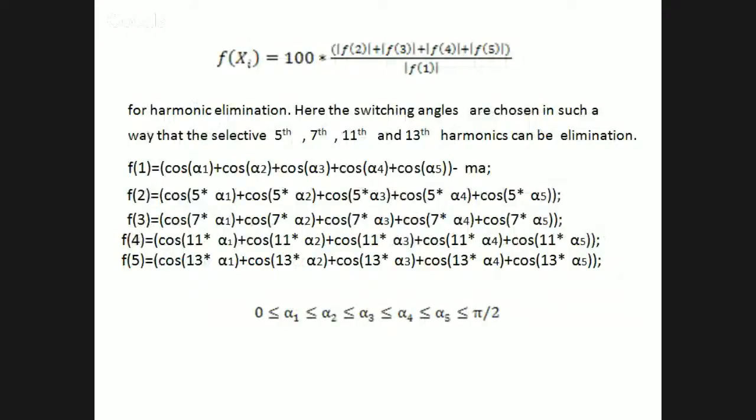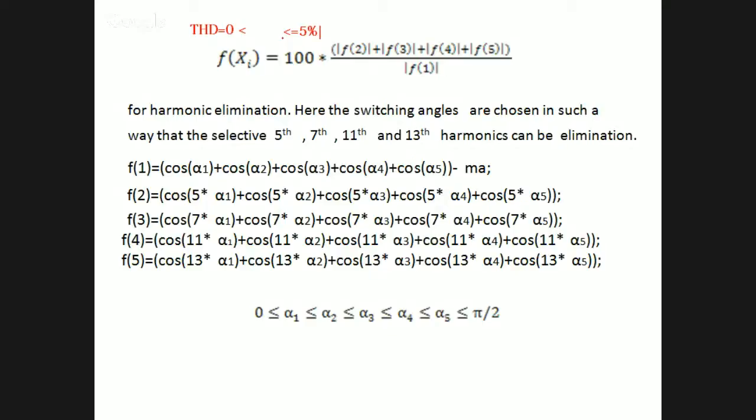My total harmonic distortion, in this case, should be 0. If the total harmonics are 0, it is better. Or according to IEEE standard, it should be less than or equal to 5%.